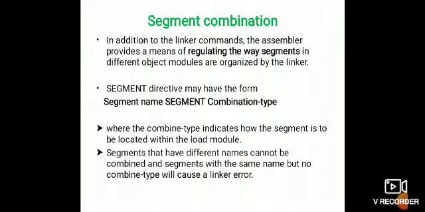The combination type indicates how the segment is to be located within the load module. The segments may have different names, and certain segments may have the same names. The segments which have the same names can be combined, and segments with the same name but without any combine type will cause a linker error.